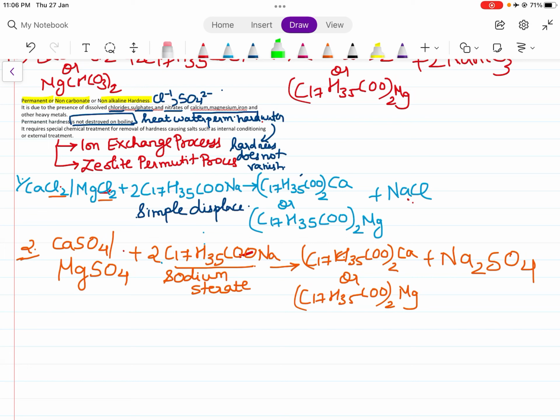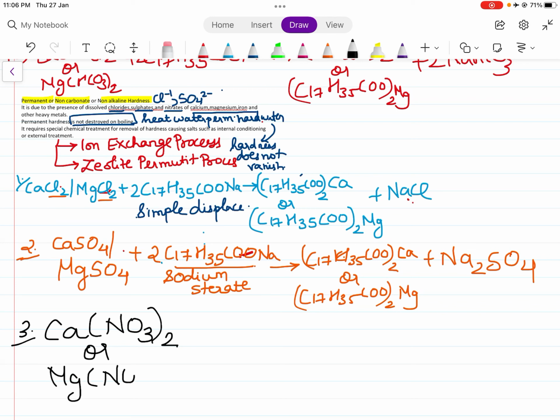If we want, we can also see with nitrates. There is no problem as such. So let's see with nitrates. We have Ca(NO3)2 or Mg(NO3)2. Again, I will put here 2 C17H35COONa.